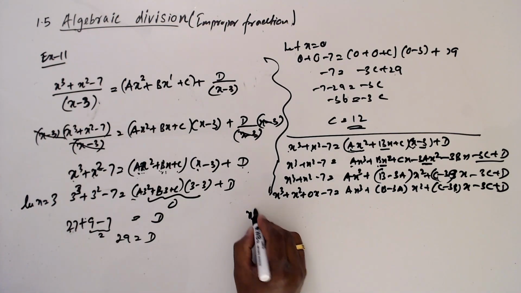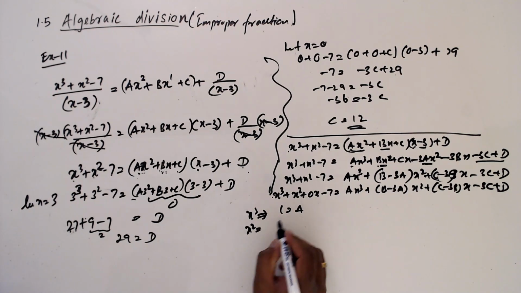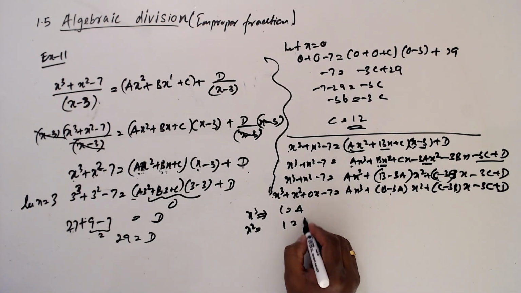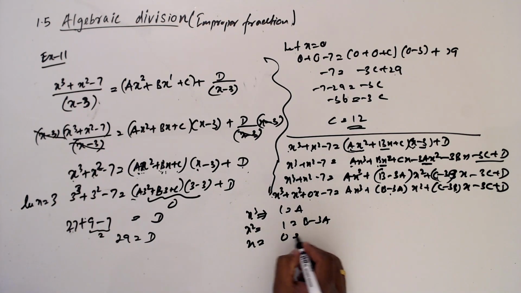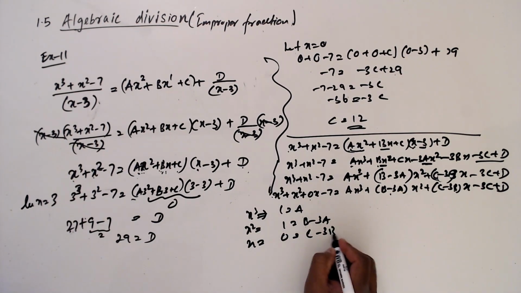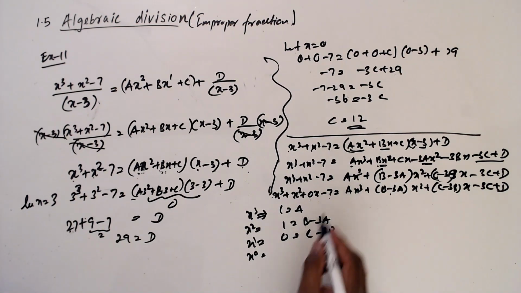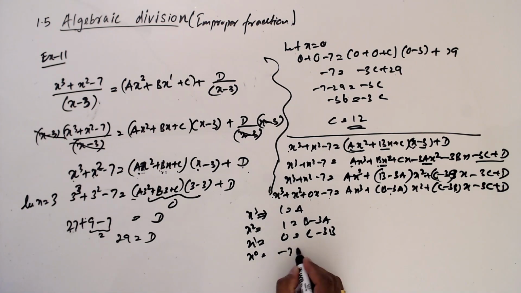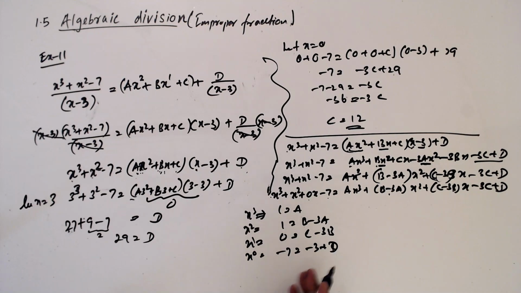When you look at x cube terms, 1 equals a. For x square terms, 1 equals b minus 3a. For x terms, 0 equals c minus 3b. And for the x naught term, which is the constant, minus 7 equals minus 3c plus d. So now 4 unknowns, 4 equations, you can solve totally from the equating coefficients.